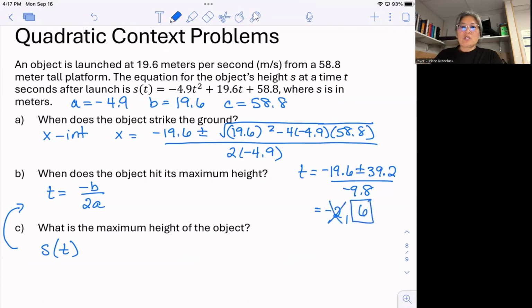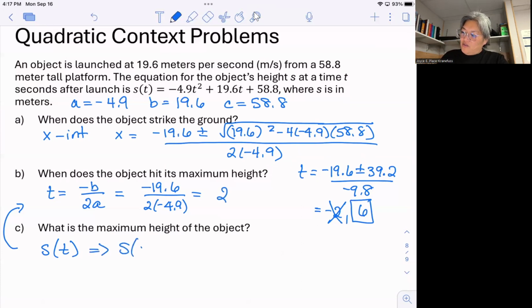Obviously, negative 2 doesn't work, so positive 6 is my answer. We hit our maximum at negative 19.6 divided by 2 times negative 4.9. That happens at a time of 2.